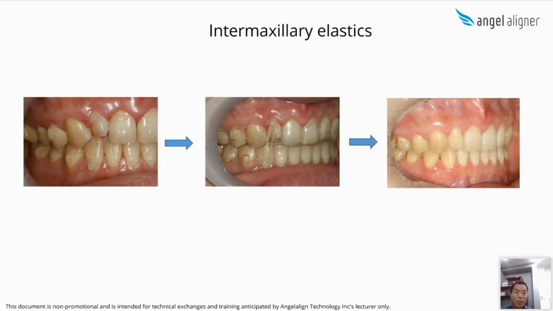For this case, there is a button on the opposite jaw canine, and the elastic like this. So the force can be added on this tooth to extrude. It's after treatment.